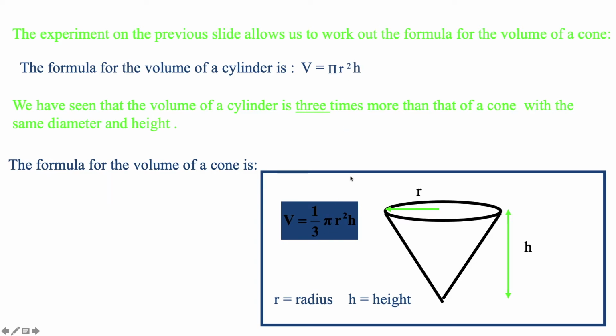So 1/3 of that is the formula for calculating the volume of the cone. And at this point, we know how to calculate the area of the circle or the volume. After you get the volume and then you multiply by 1/3, that gives you the volume of a cone.